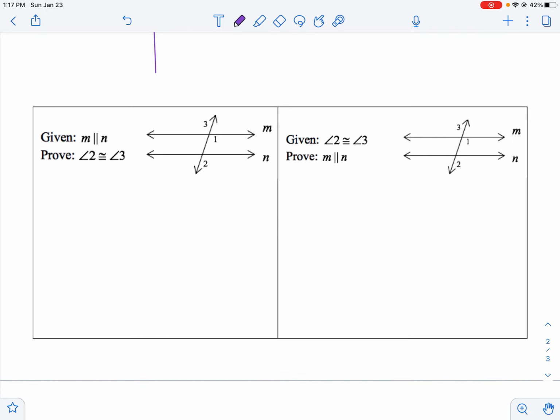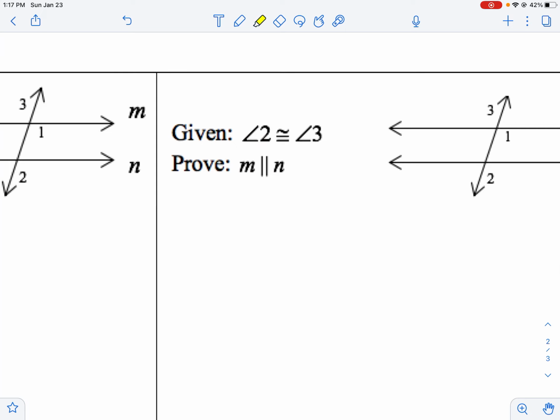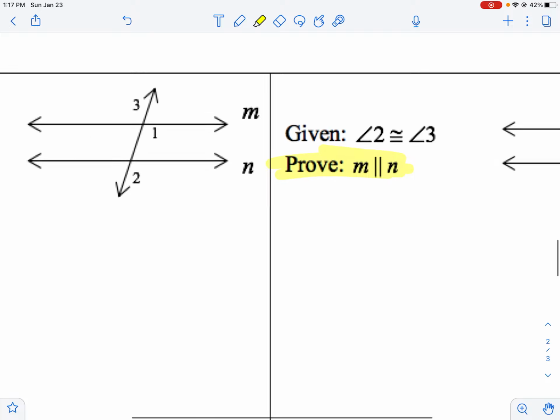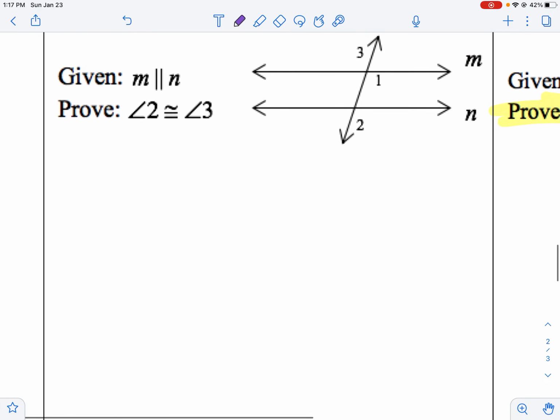So I want you to take a look at these 2 proofs down here and ask yourself, is there one where you would need the word converse? We talked a little bit ago about when do you need the word converse. If you look at these proofs, they're pretty much exactly the same. Which one would you need the word converse in? And if you said the one on the right, you're correct because we're proving that the lines are parallel.